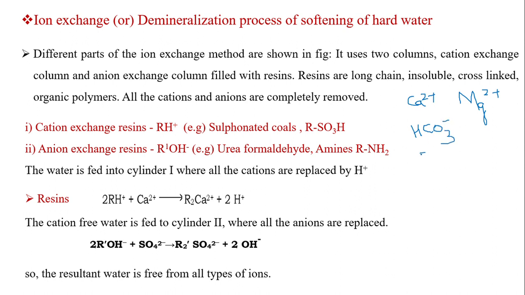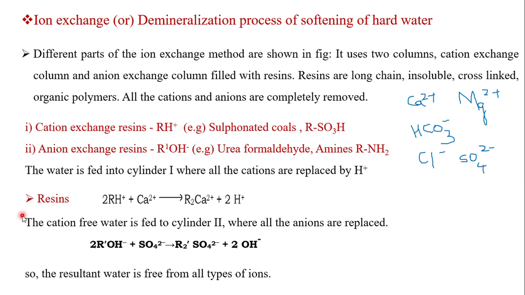Whereas the other two ions, chloride ion Cl- and sulfate ion SO4 2-, can't be removed by the normal boiling method. At that time we should go for other techniques like permutit process, chemical treatment or ion exchange method. One such method is demineralization of hard water by the ion exchange method.